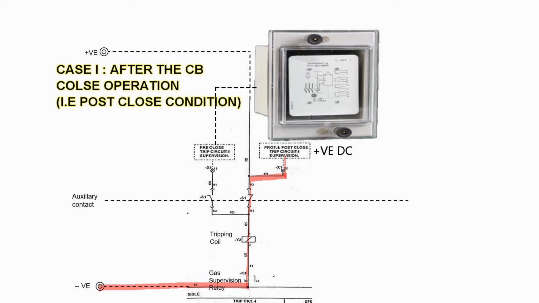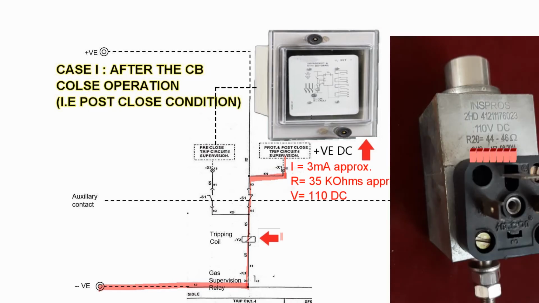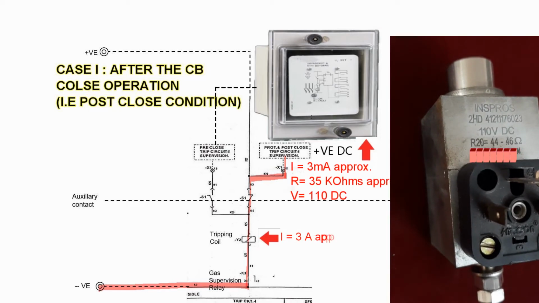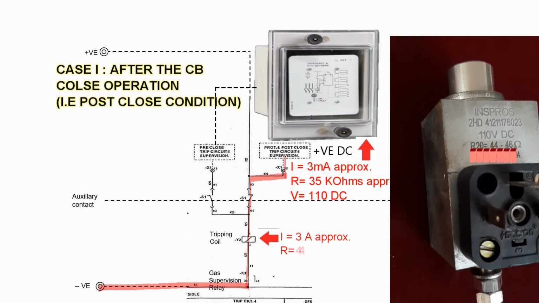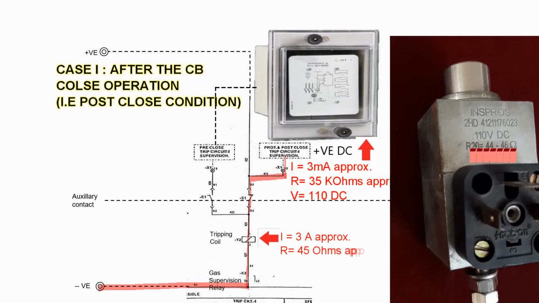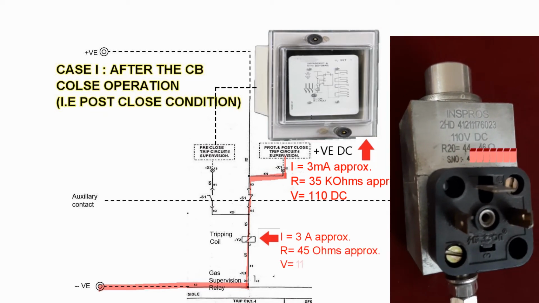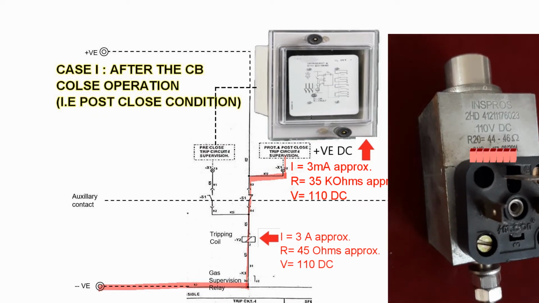Here, one must note that the current of the TCS relay is very few milliamperes, ranging from 2 milliamperes to 4 milliamperes, and it has a very high resistance in terms of kilo ohms. On the other side, the tripping coil has very low resistance, ranging from 40 to 50 ohms, and hence requires a few amperes, ranging from 2 to 4 amperes, in order to charge the tripping coil.